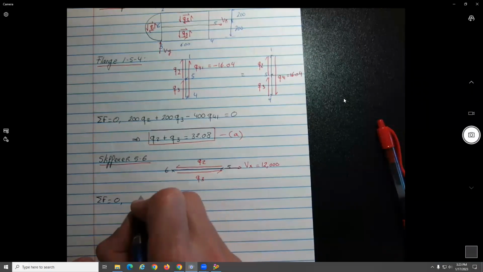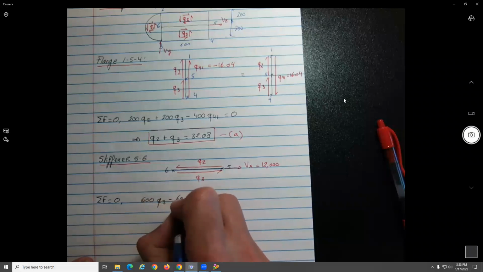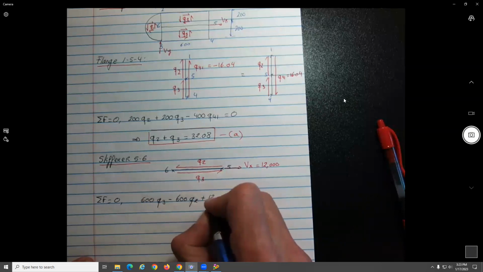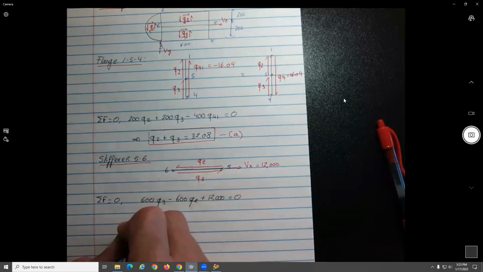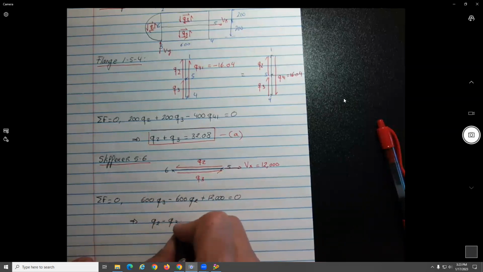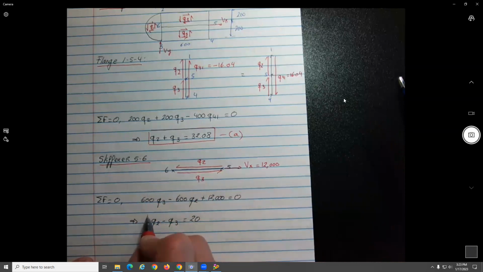So it will be 600 Q3 minus 600 Q2 plus 12,000 equal to 0, which will give me the equation Q2 minus Q3 equal to 20.